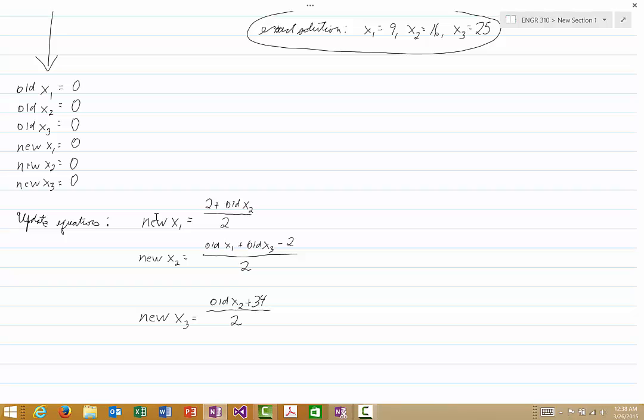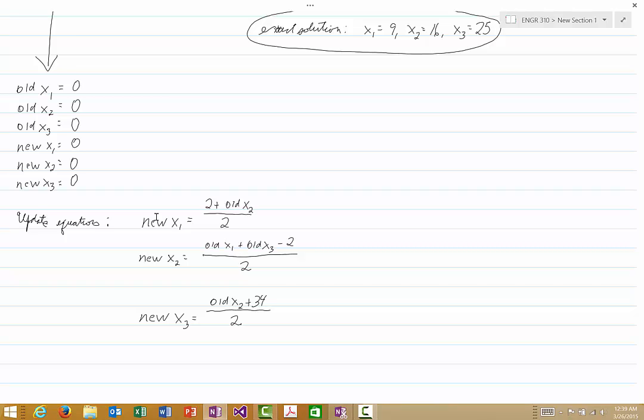and then that we have updated the old x's, now we'll update the new x's again. And at each step, we can compare the new x's that we calculate with the old x's, and as long as there's a big change between them, then we'll update the old x's with the new x's that we've just calculated, and then we'll calculate new x's.